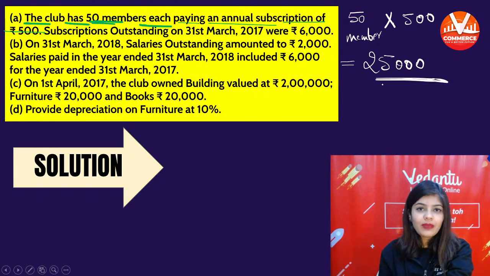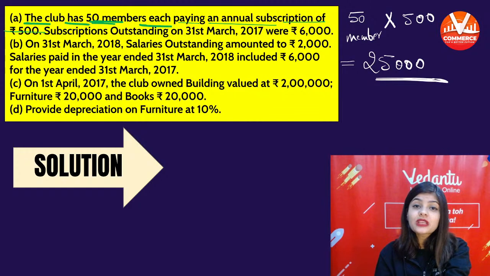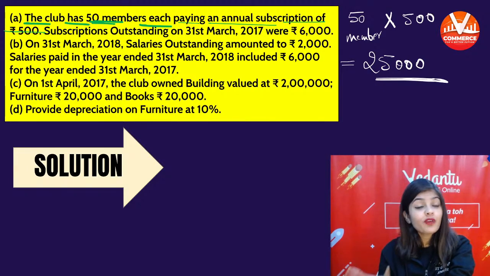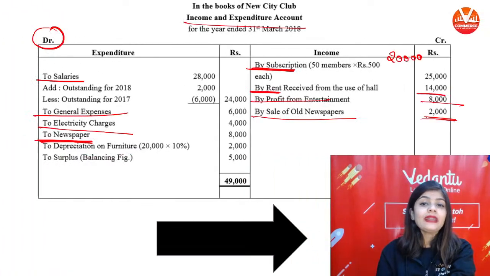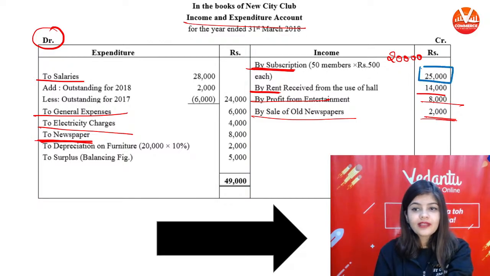There are 50 members, each paying an annual subscription of 500, so how much will the subscription for the current year be? 25,000. The total subscription should be 25,000.